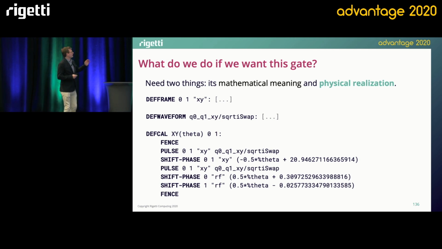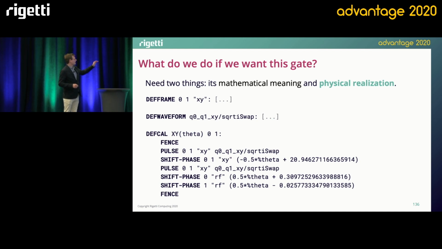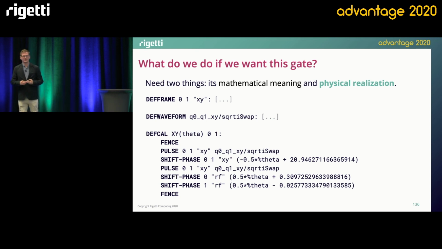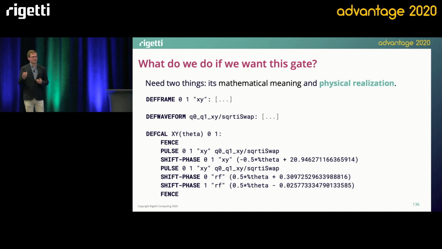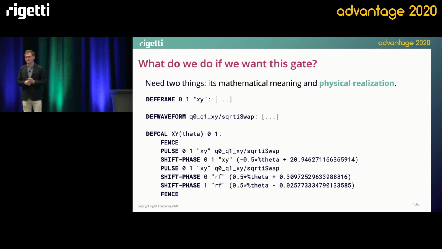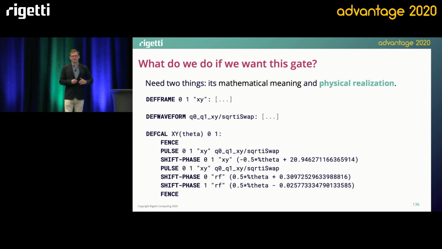In this case, it's boiling down to blocking off all the other qubits, firing the pulse. If you remember earlier when Nico was describing the XY interaction, there were 2 gates that you had to do. You see those here. There are these 2 pulses. And then sandwiched in between and after, there are these frame rotations that we have to do. So we have these phase shifts after, which are equivalent to RZ gates on our platform. That's it. That's the definition of XY.